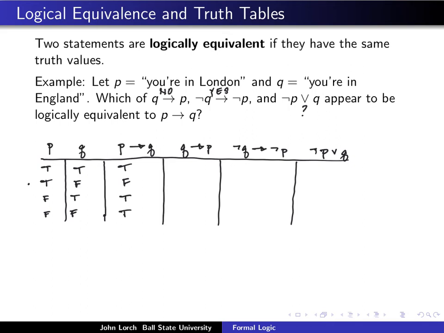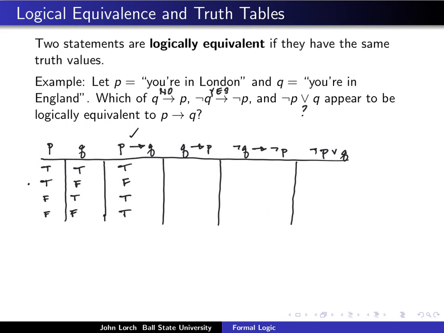Right? The only way the conditional statement if P then Q can be false is if P is true and Q is false.